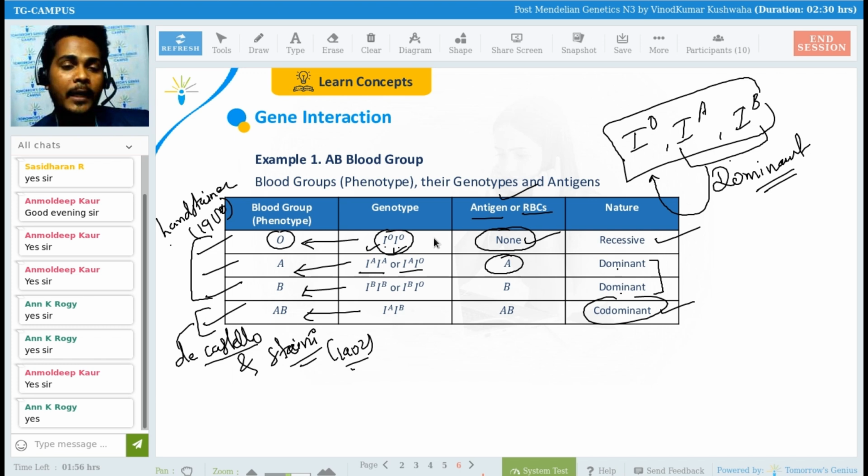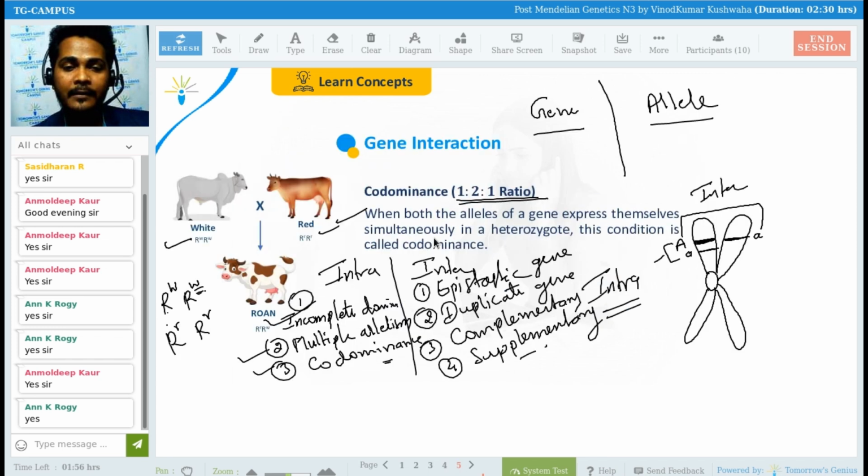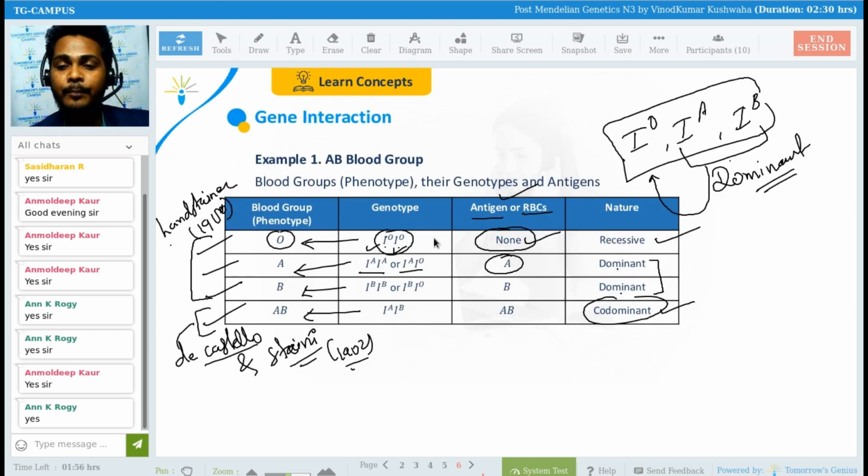As the definition says, when both alleles of a gene express themselves simultaneously in the heterozygous condition, this is called codominance. Blood group A and blood group B are both dominant, so they separately express their dominant characters, and that's why ABO blood groups are codominant.